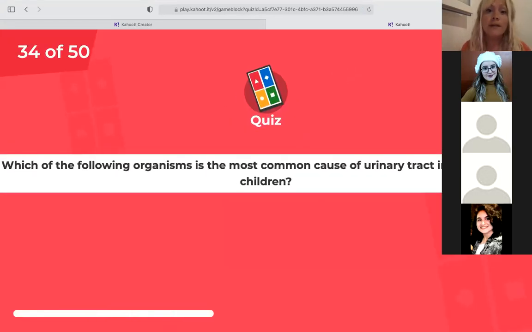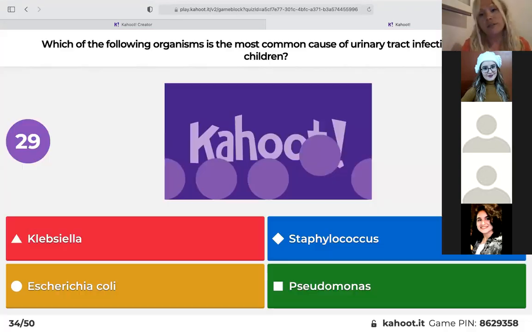Which of the following organisms is the most common cause of urinary tract infection in children?